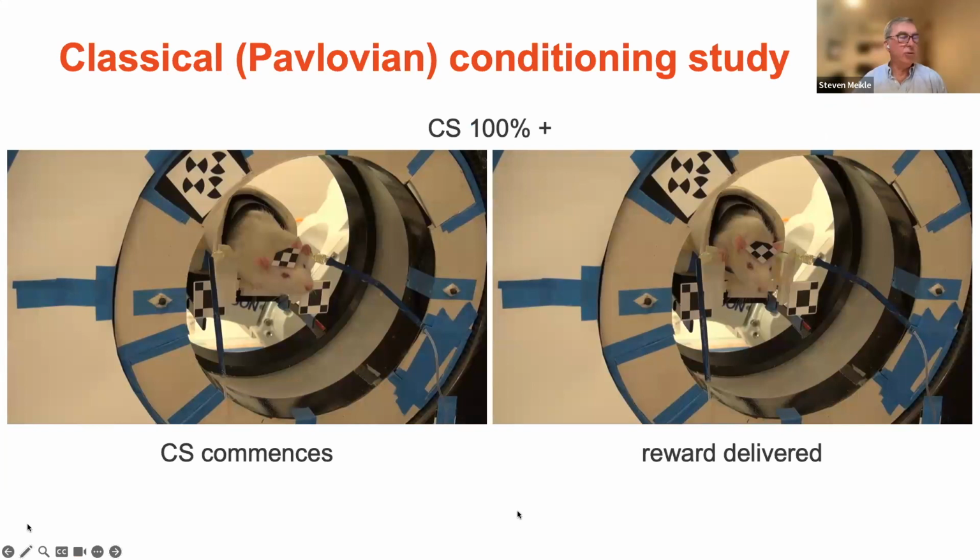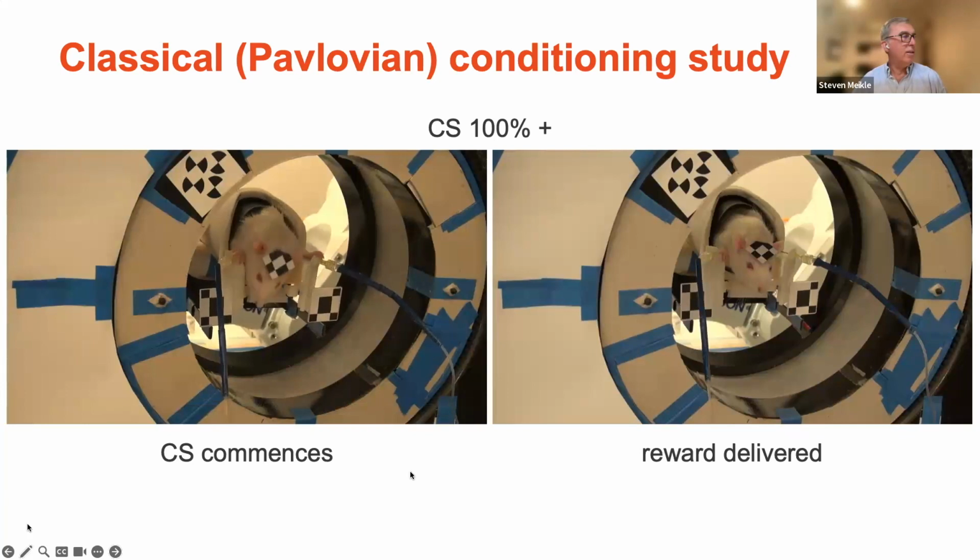So I'll just start these 2 videos now. You're not going to hear the sound, unfortunately, but take it from me. This is the conditioned stimulus where the animal is expecting a reward 100% of the time. So if I played the video, you won't be able to hear the sound, but you'll see the animal get quite excited when it hears the sound.